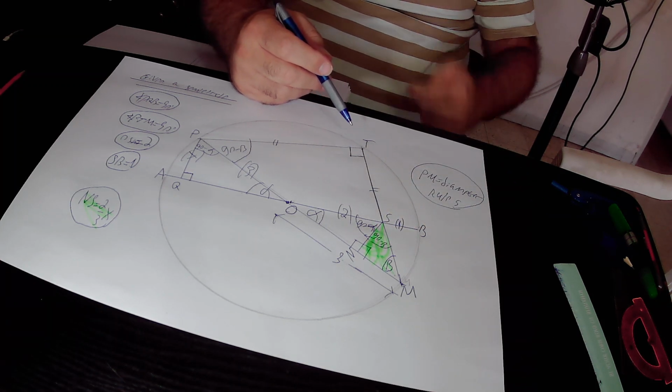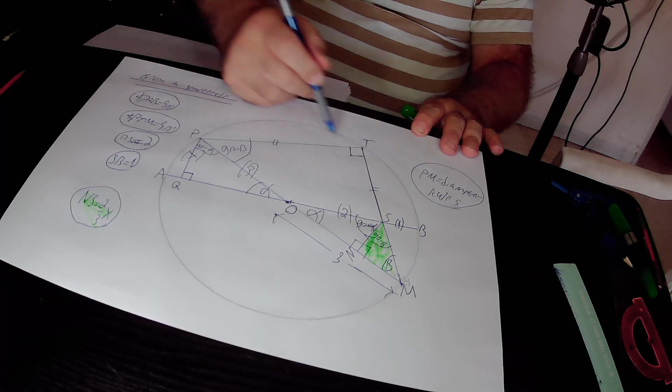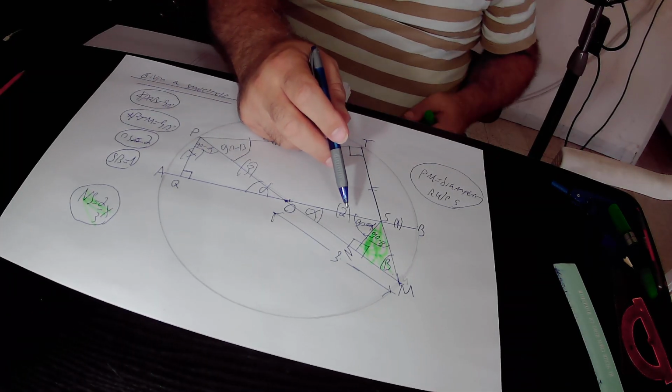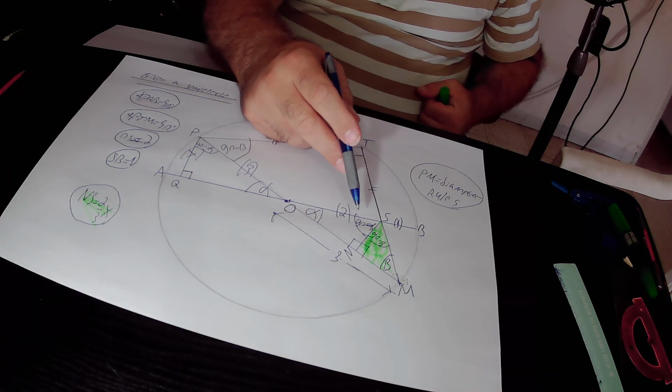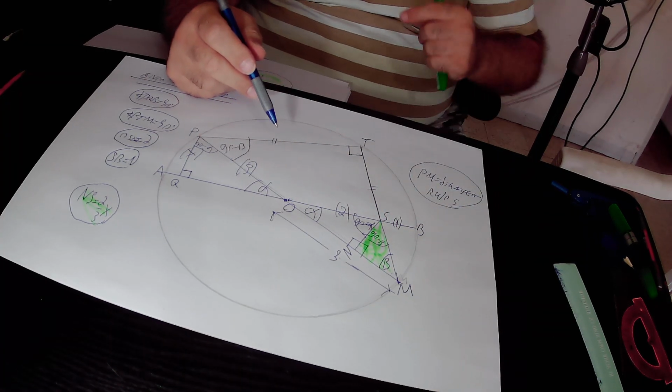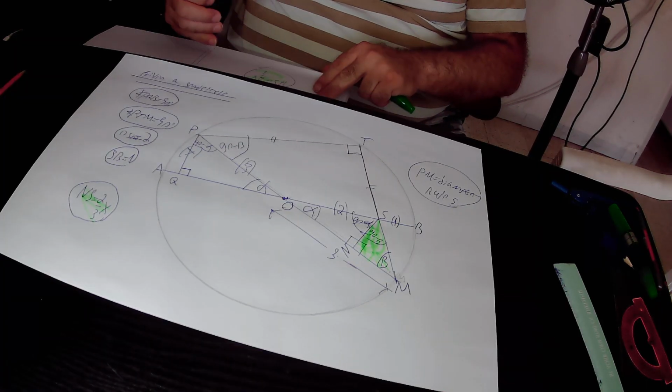So we proved that all the angles of the big right triangle PTM are correspondingly equal to all the angles of this small green right triangle NSM. And therefore those two right triangles are similar to each other according to angle similarity rule.